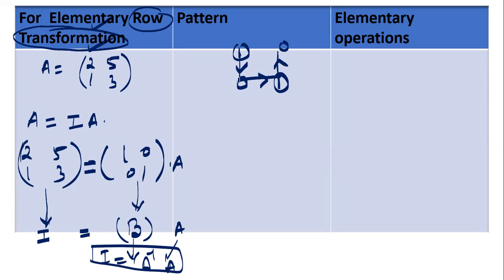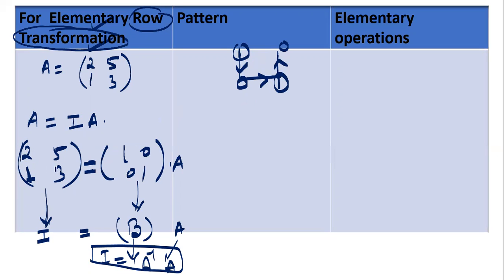If we do not follow this pattern and try to make this matrix the identity matrix without following any pattern, suppose I have made it 1 and then I try to make it 1 over here.